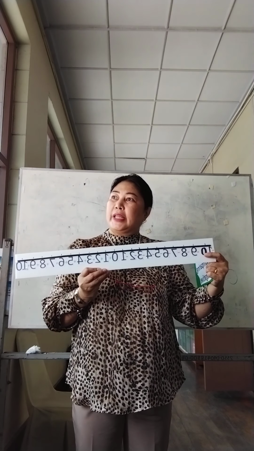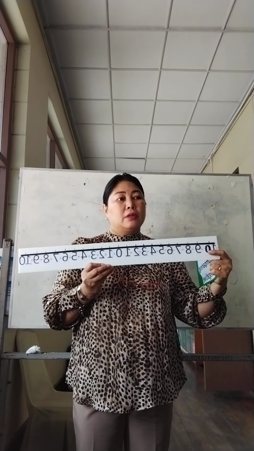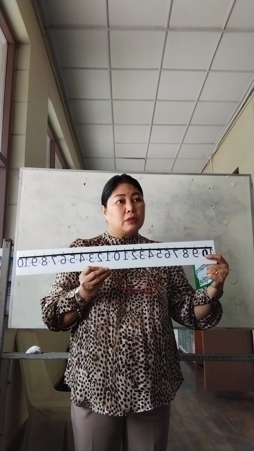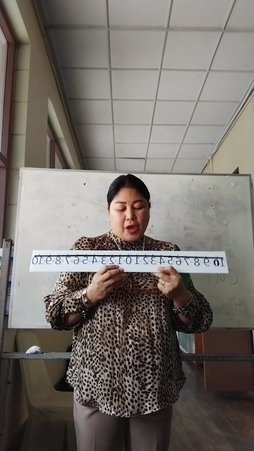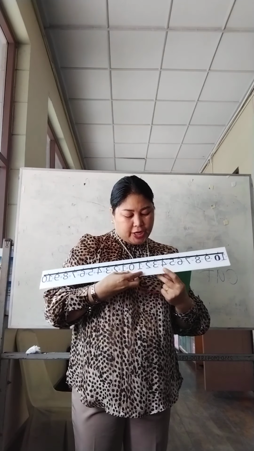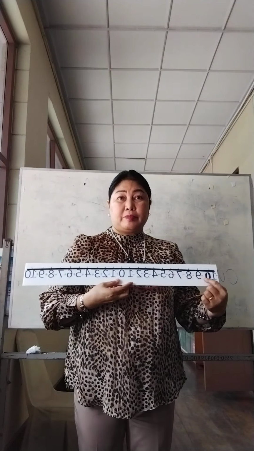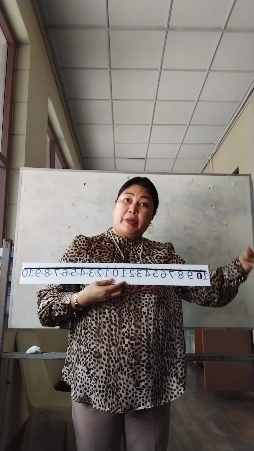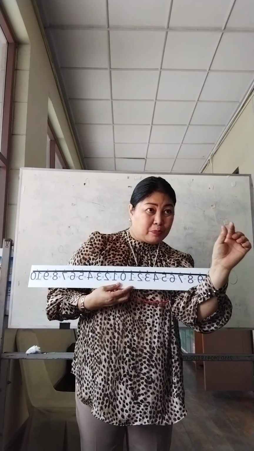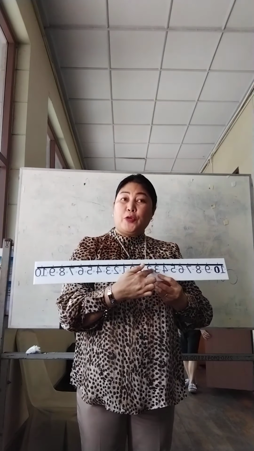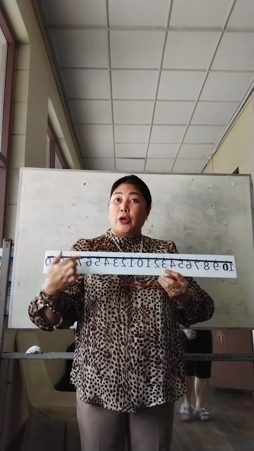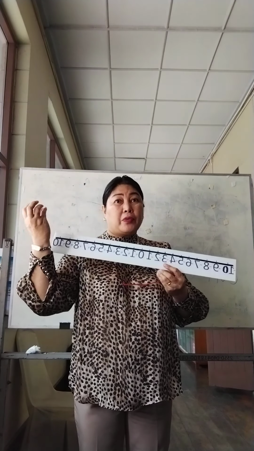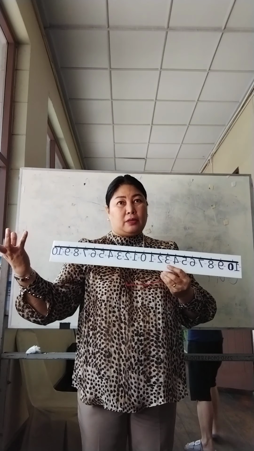Teacher, why do you say negative 10 is smaller? Because the more you go to the left, the more your number becomes little, smaller. But if you are going to the right, your number becomes greater or more than.